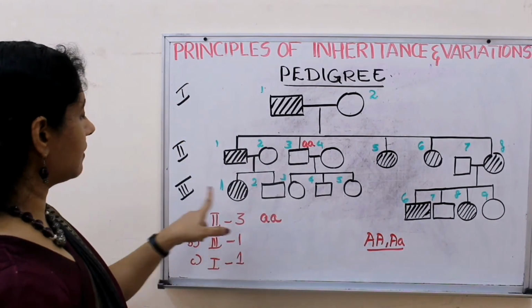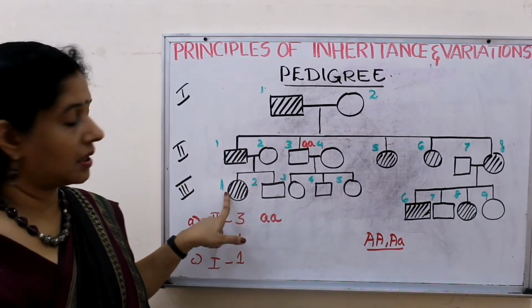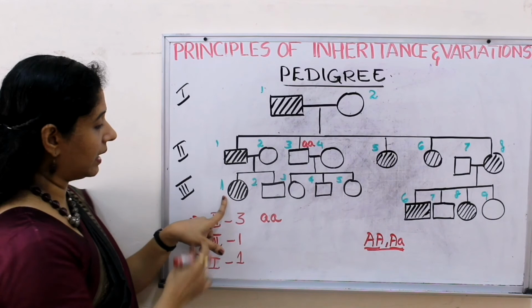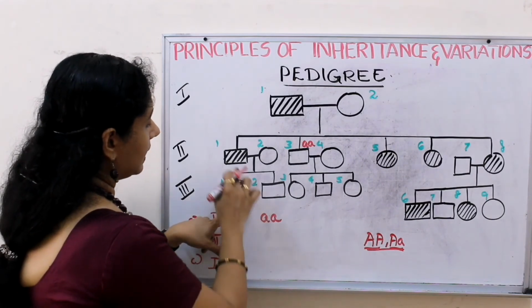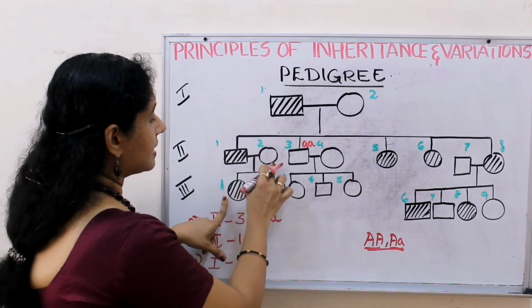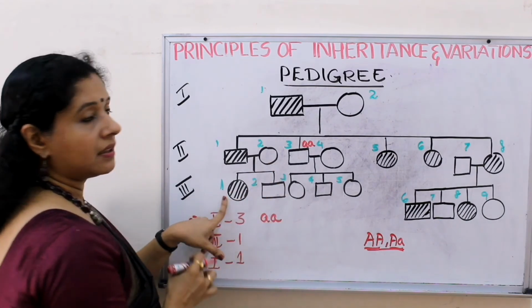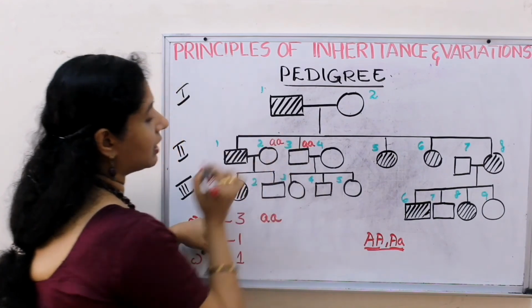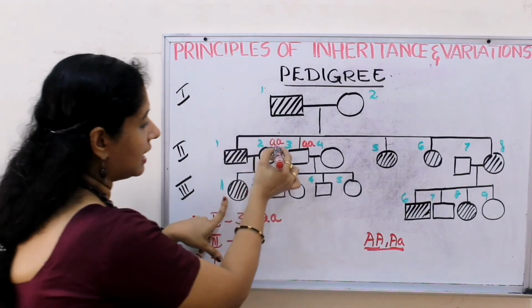Then third generation, first individual is affected. So it can be capital A capital A or capital A small a, but we can see that one capital letter must have come from the father who is affected, but this mother must have given a small letter because she is normal. So her genotype is small a small a, obviously. So she can give only small a.